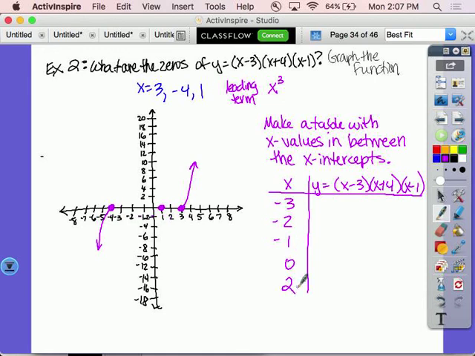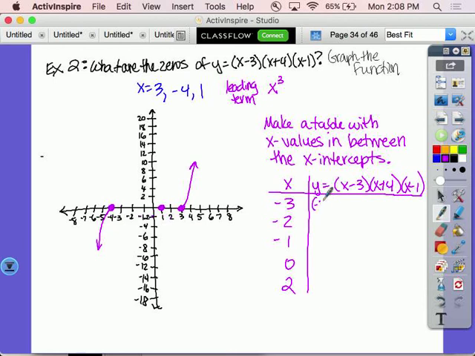Now this is about the most I've ever had, picking x values in between the x-intercepts. Most of our other practice problems, the x-intercepts will be closer, so you won't have as many points in between. But then, once you get it, that's what you're plugging in for x in the given equation.